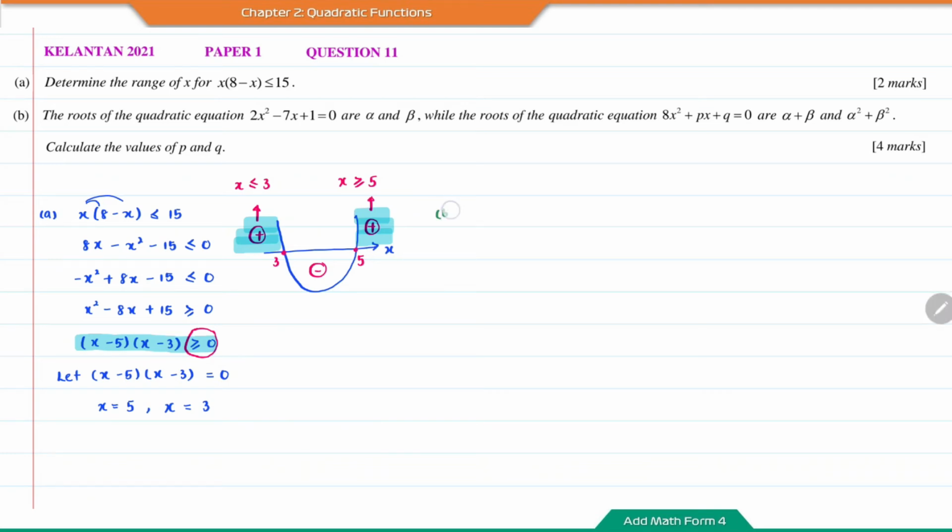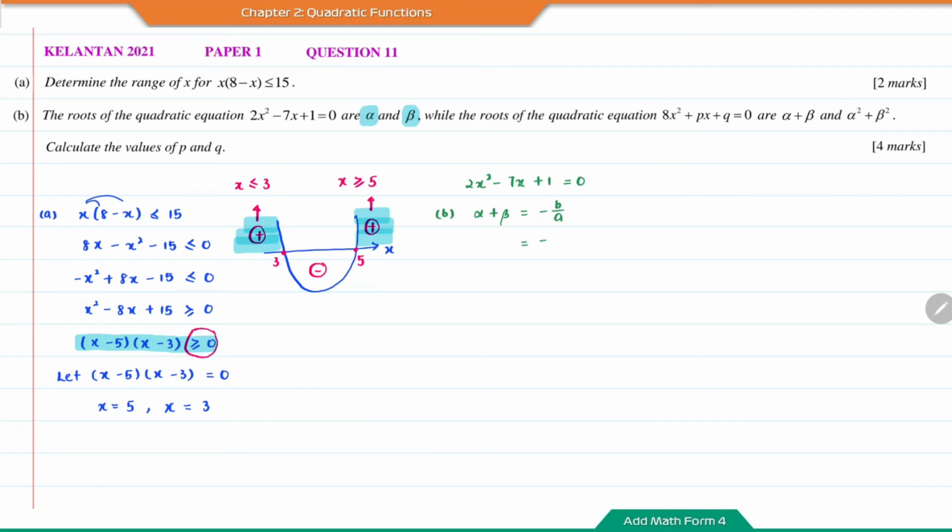So for question B, first we're going to look at the quadratic equation 2x squared minus 7x plus 1 equal to 0. The roots for this quadratic equation are alpha and beta. Therefore, the sum of roots, which is alpha plus beta in this case, is equal to negative b over a.